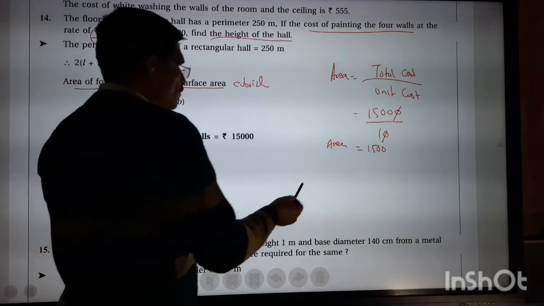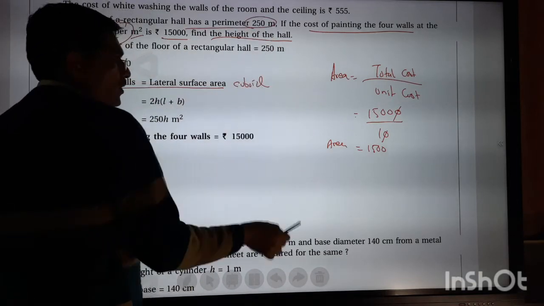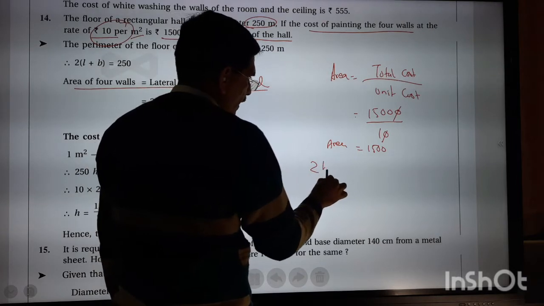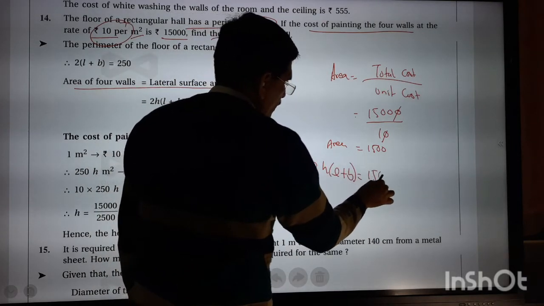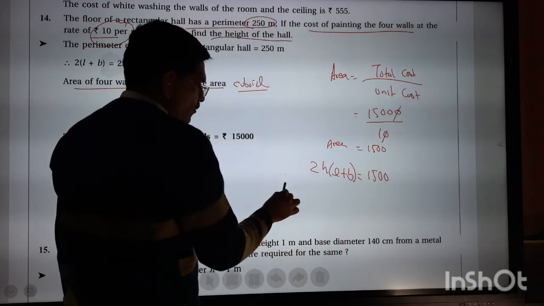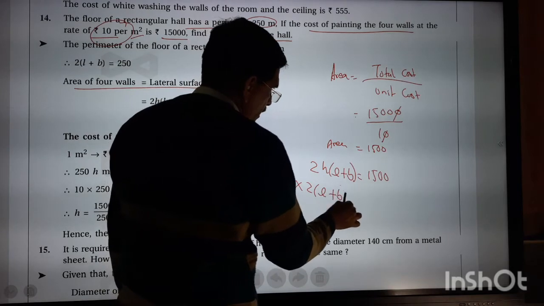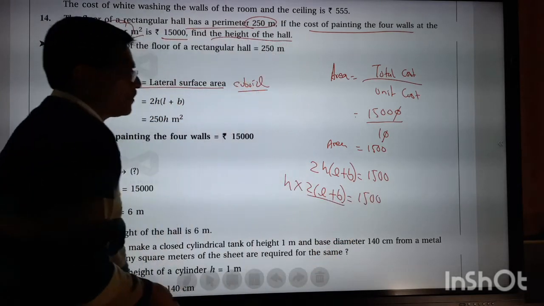Now, perimeter is given. So the area of the cuboid, 2h(l + b), is equal to 1500. Now h I have to find out. What is 2(l + b)?